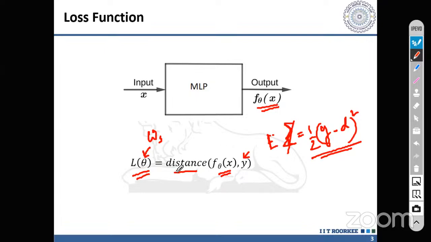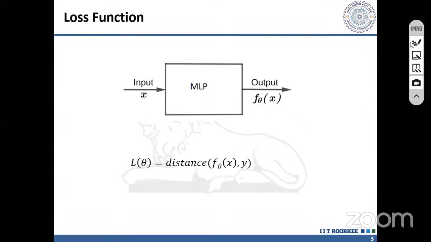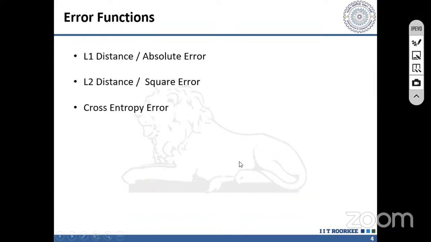So the error function is the distance function, same. It is between the prediction and the actual results. What is the distance? How do you calculate the distance? So y is the ground truth and f theta x is the prediction.